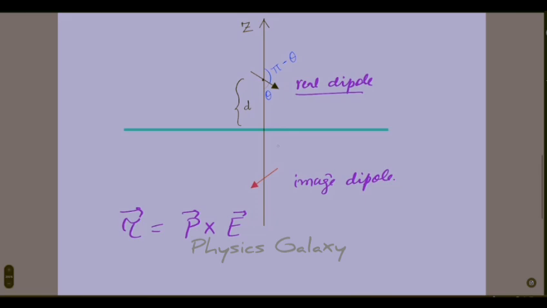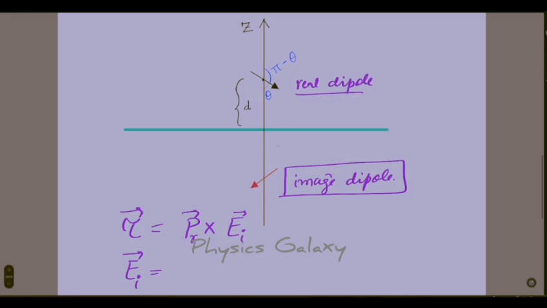That electric field will be produced by the image dipole. So let's first find the electric field due to the image dipole. Remember torque equals P cross E.